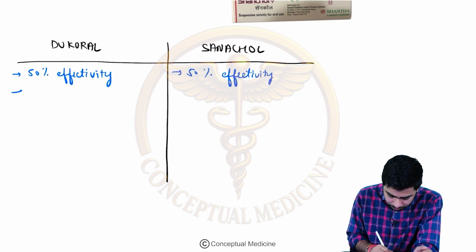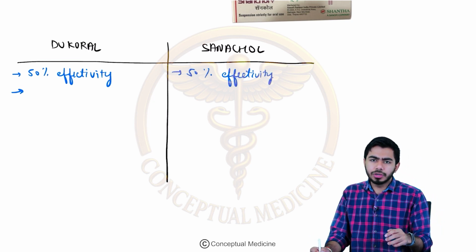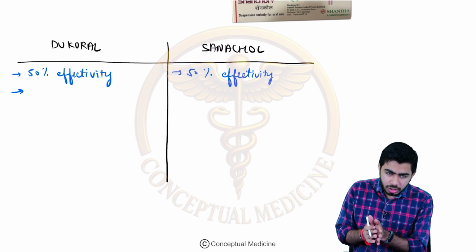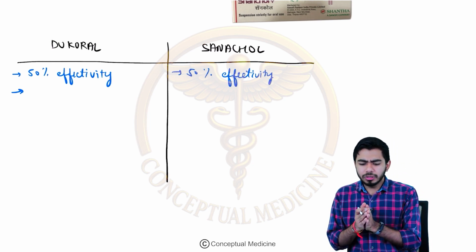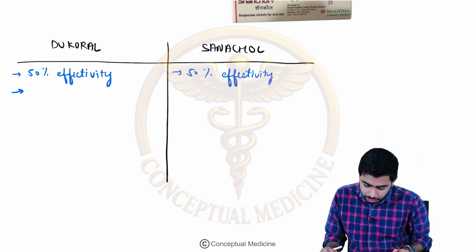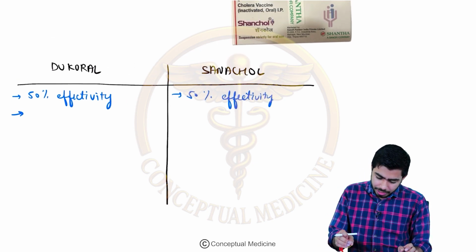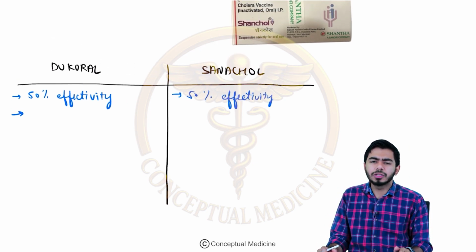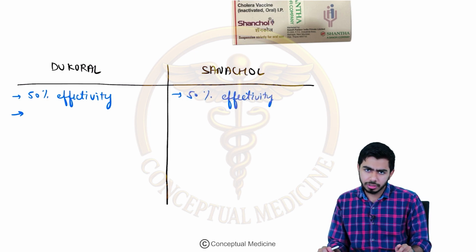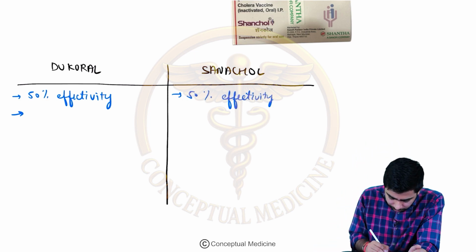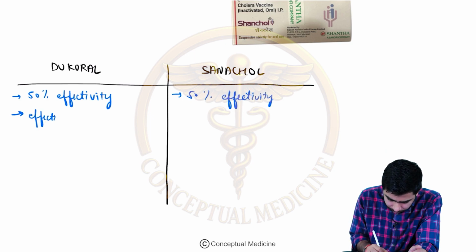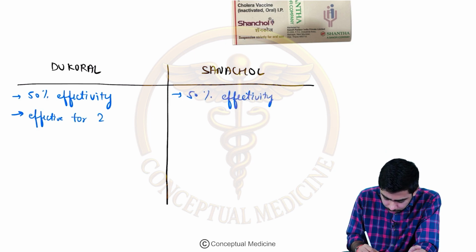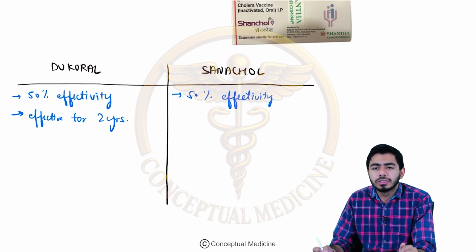On which strain you might be using it? Basically, the Decoral is working for the O1 strain of the cholera, and the Shanchol might be working for the O1 as well as O139. And the next point is that it is effective for about 2 years after taking this vaccine. This is the oral vaccine.